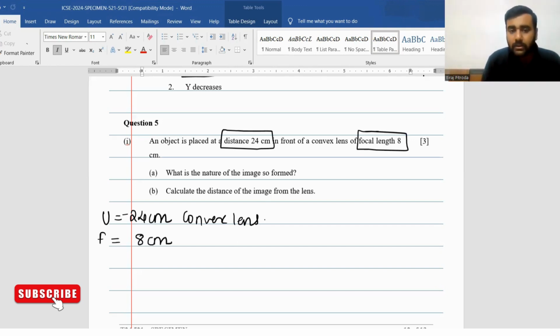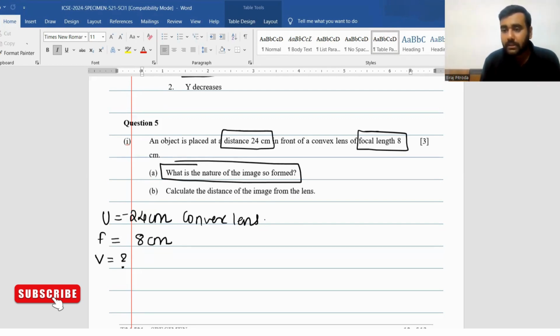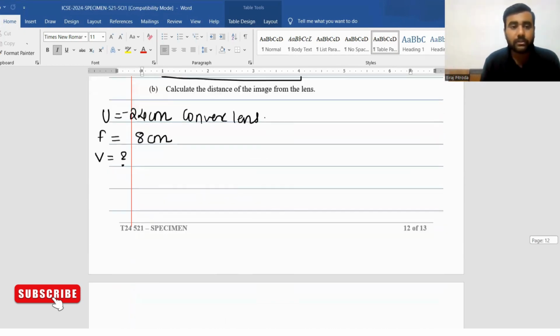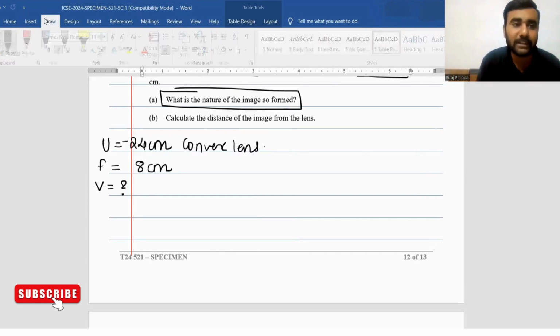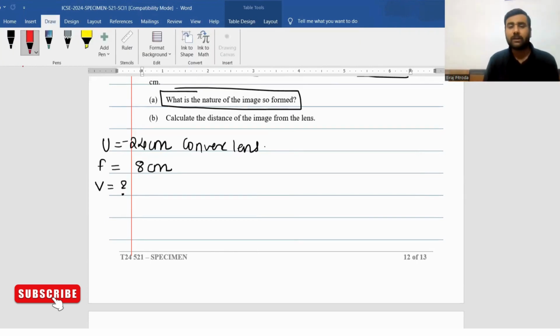We need to find out what will be the nature of the image. For finding out the nature of the image, I need to find out the position of the image. On the basis of the position of the image, we would be able to conclude the nature of that image. Let's try to find it out. We'll use a formula called the lens formula, students.